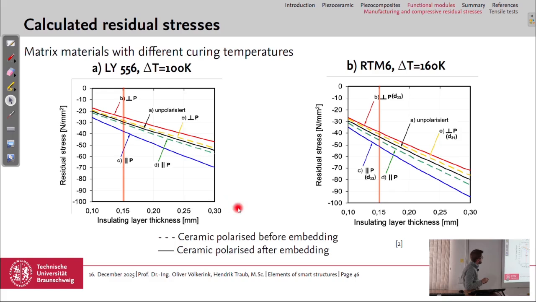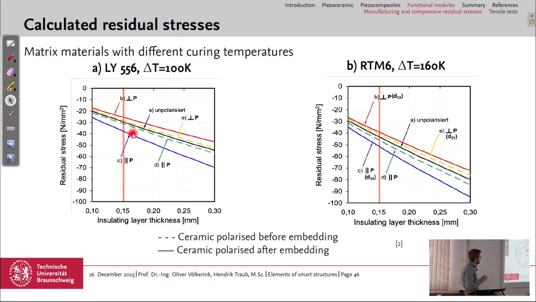Here we have the dashed line, which is polarization before embedding, and the solid line is polarization after embedding. So the blue line is ceramic polarized after embedding, and this is parallel to the polarization direction.